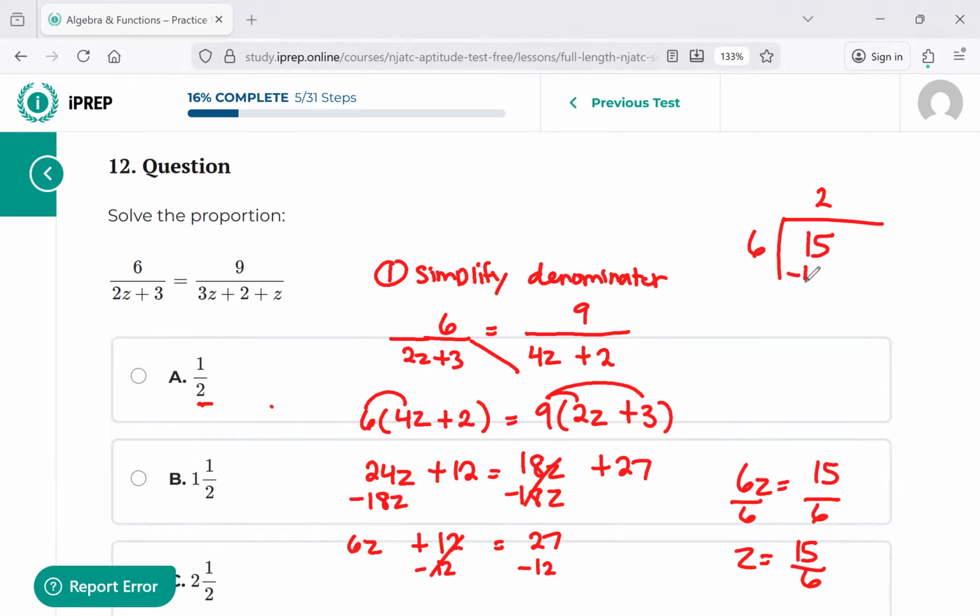So 6 times 2 is 12. 15 minus 12 is 3. This is how you make a mixed number. So it's going to be 2, and then your remainder is 3, divided by whatever you're dividing, which is 6. And then 3/6 can be reduced by 3, so that's going to be 2.5. So z is 2.5.